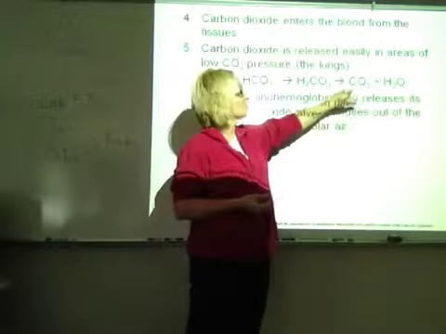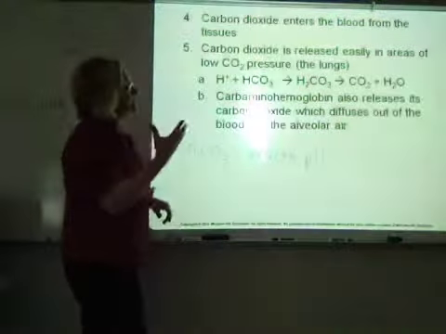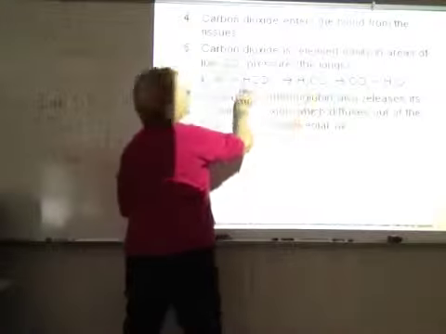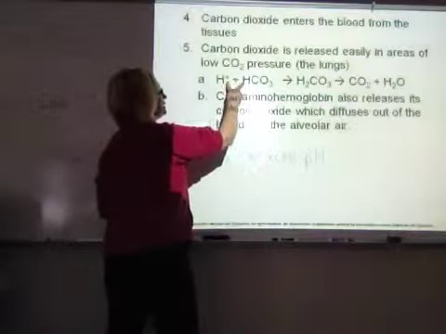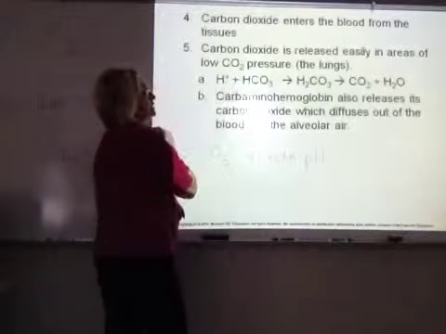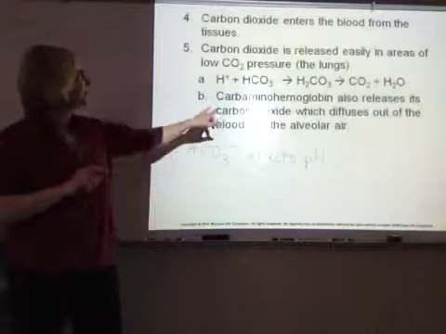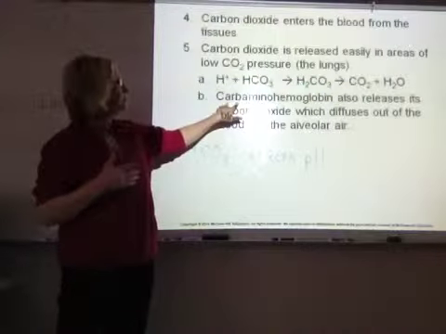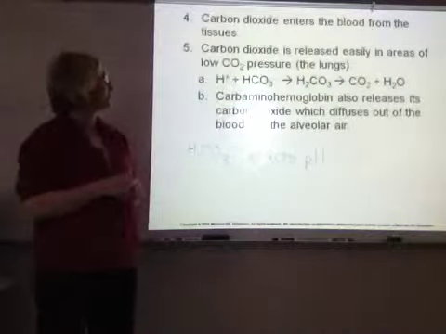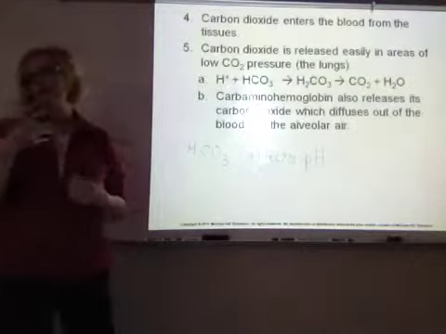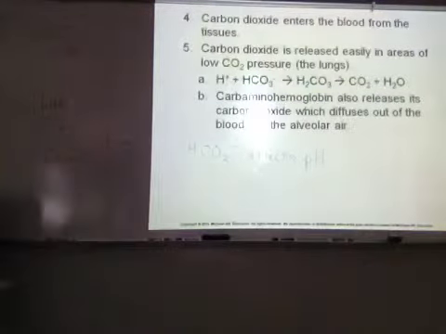So in your respiration formula, that's where your water comes from here, and your CO2 comes from there. The carbaminohemoglobin also can release its carbon dioxide, and it will diffuse into the blood.